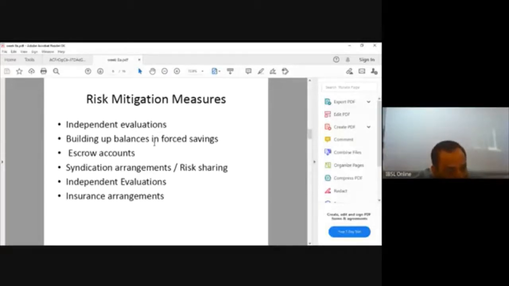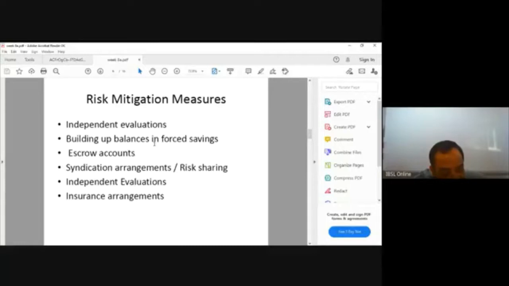So when you're doing a syndication, the lead arranger will arrange all the documents required and have the communication with all the financial institutions in arranging the particular loan and disbursement and control recovery.